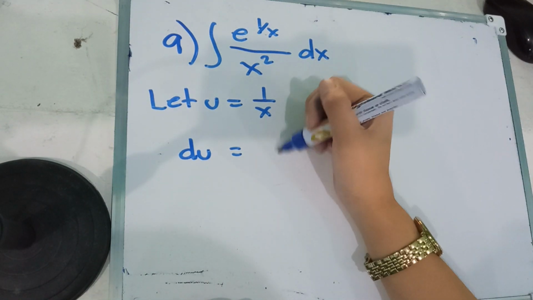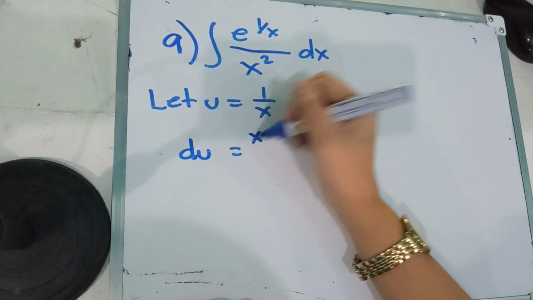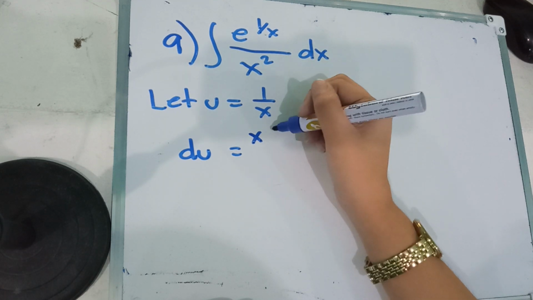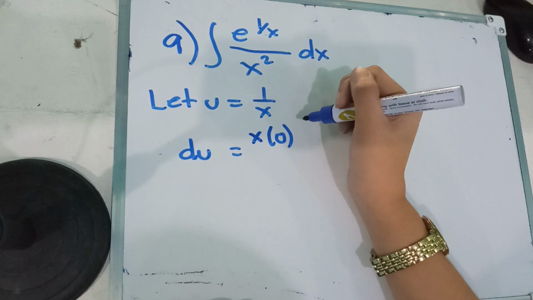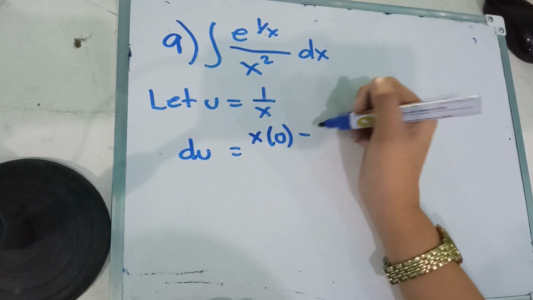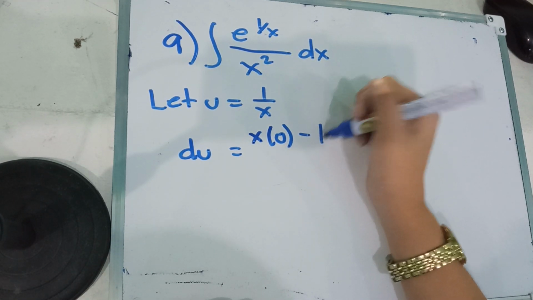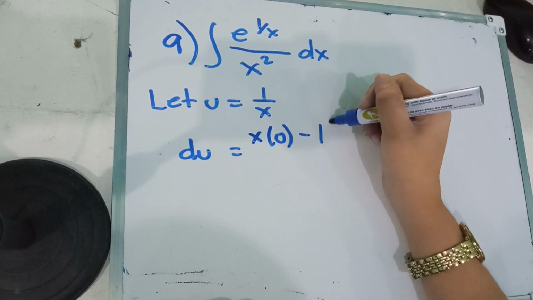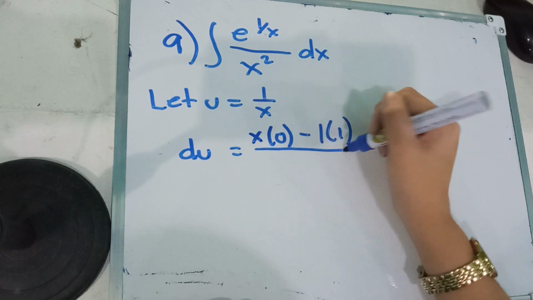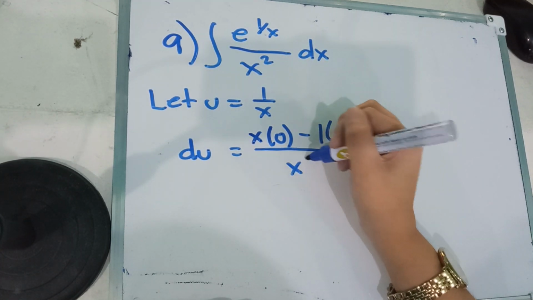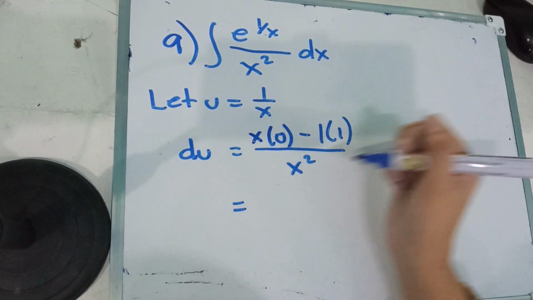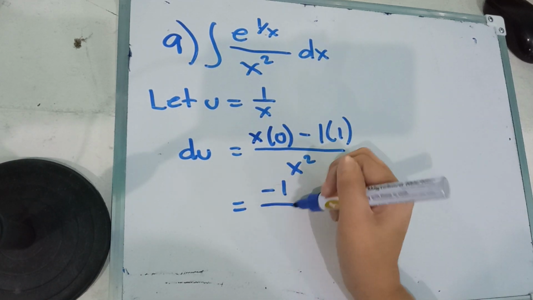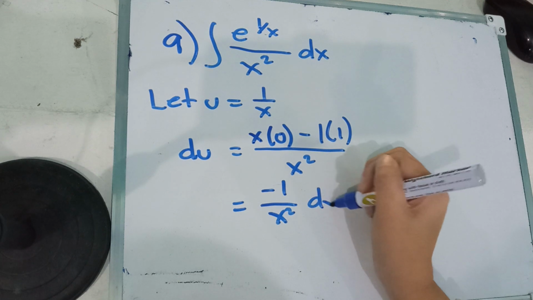So low, that's x, d high, the derivative of the numerator, that's 0 because the derivative of 1 is 0, minus high, that's 1, d low, the derivative of x, that's also 1, over low squared, which is simply x squared. Now simplifying, that's negative 1 over x squared dx.